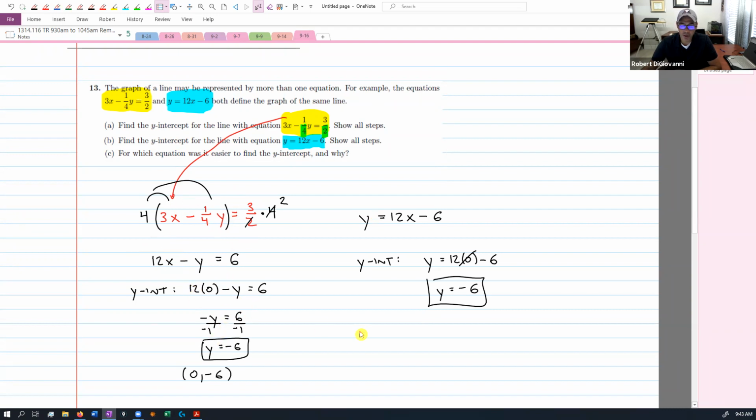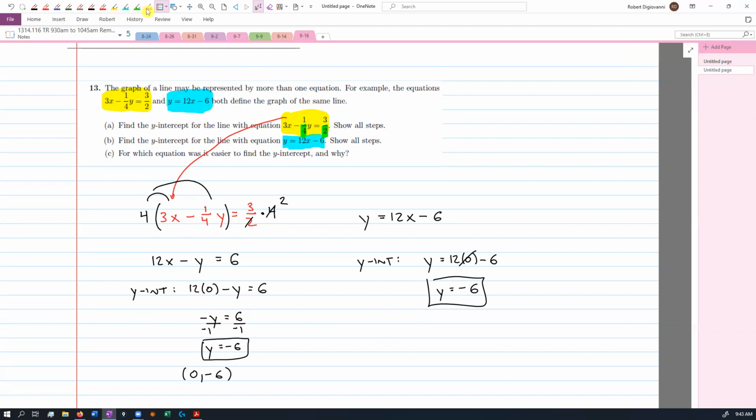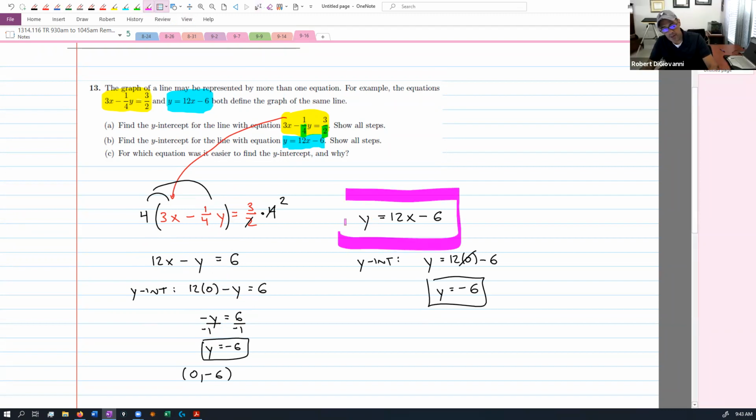This was easier. And the key thing they're trying to point out is when this thing is solved for y, it's always easier to find the y-intercept. That's kind of the key idea here.